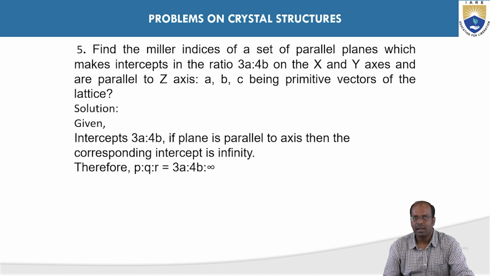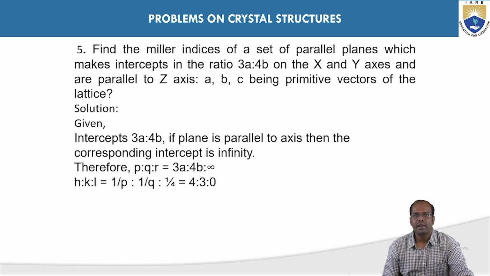So for HKL, HKL is the reciprocal of 1 by P, 1 by Q, 1 by R. So here we are getting 1 by infinity, 1 by 4, 1 by 3.